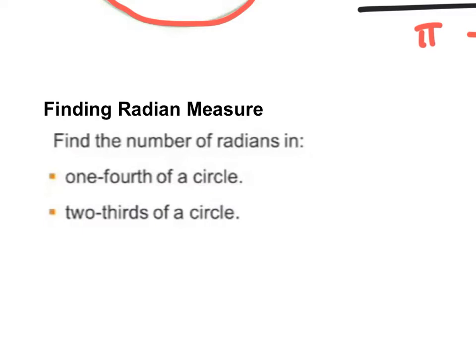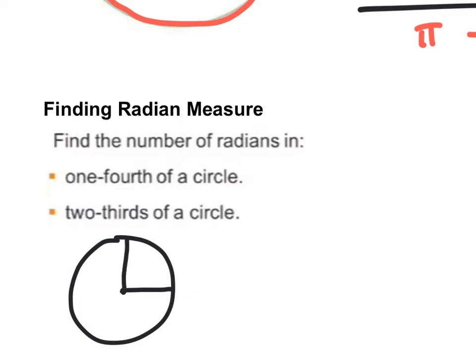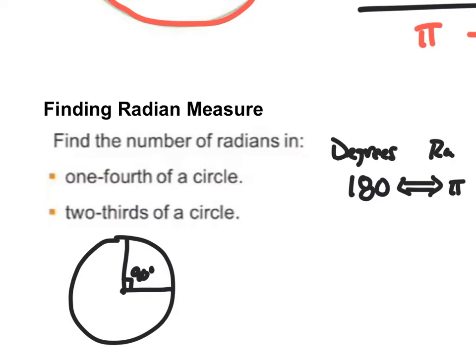So if I come over here, we've already kind of done that. If I take 1/4 of a circle, that's going to give me a right angle, and I know that this is 90 degrees. Now I think of 180 degrees as the same thing as pi radians. So here's degrees, here's radians. It's easy for us to do it intuitively on 1/4 of a circle.